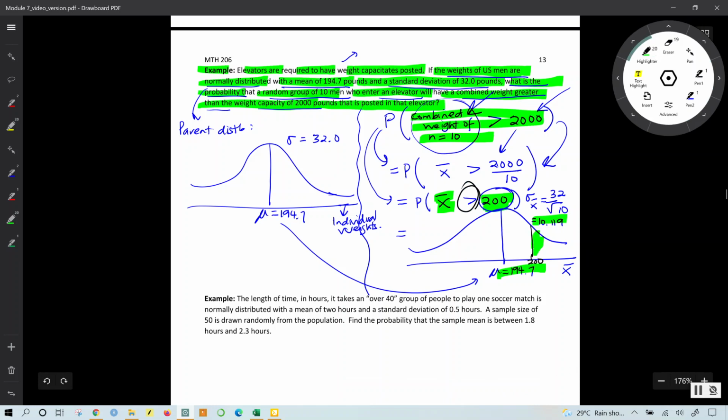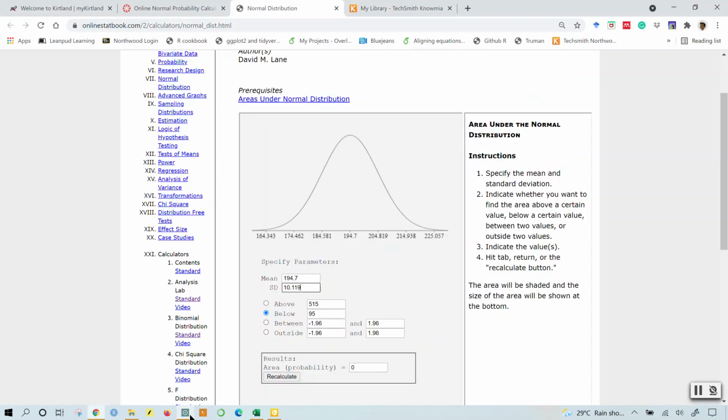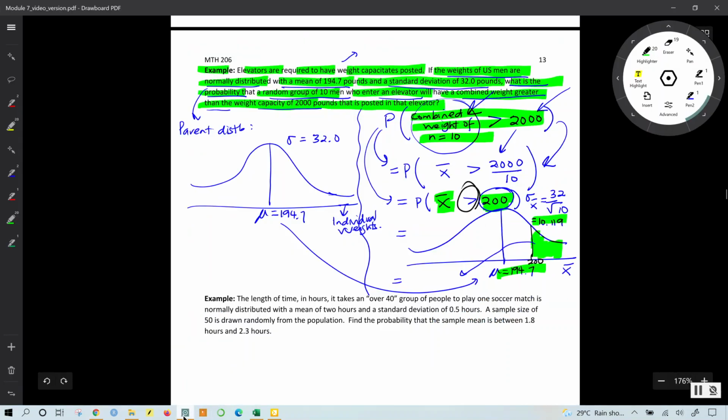Let me shade that area, and I have the required probability. Going back to my calculator, above 200, enter. So I have 0.3002, and that is my final answer.